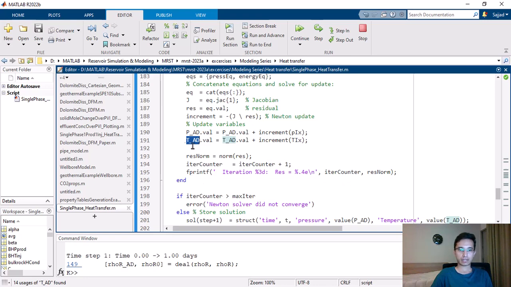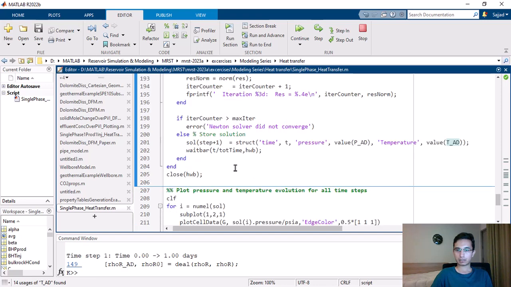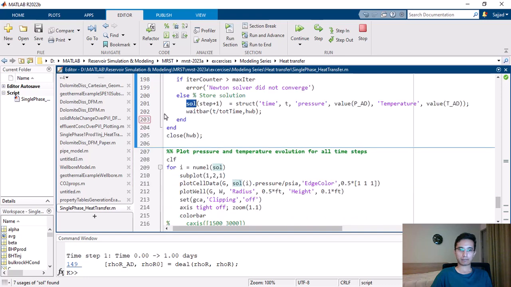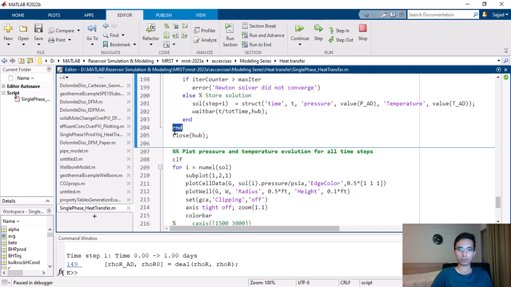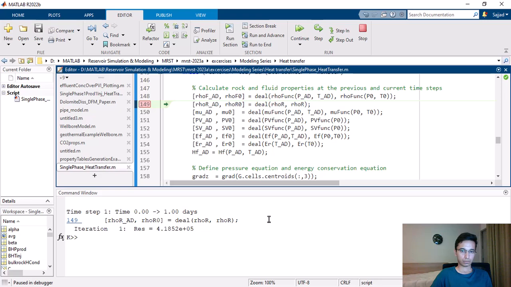And if the tolerance is satisfied, we consider them as the solution of the time step. And in that case, the values will be stored in this struct, and after all the time steps are solved, we exit the main for loop, and then we will have all the solution, and then we can see what the results look like. All right, so let's see what's going to happen.